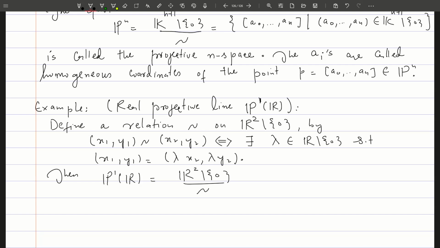Now why is this called the real projective line? The line is actually the equivalence class.